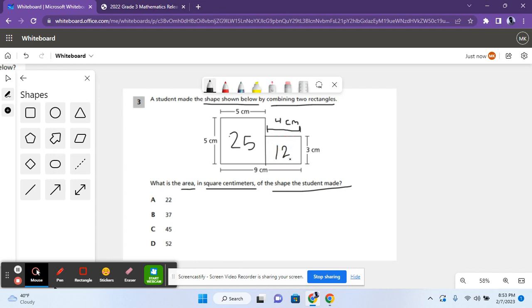And now we have to add the areas. 25 plus 12 is equal to 37, which means that 37 is our answer.